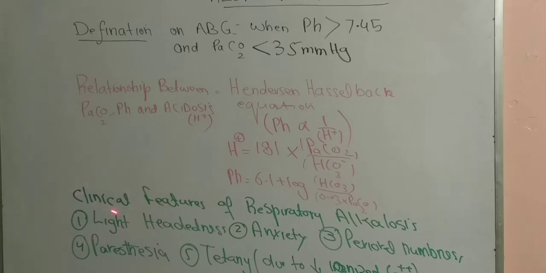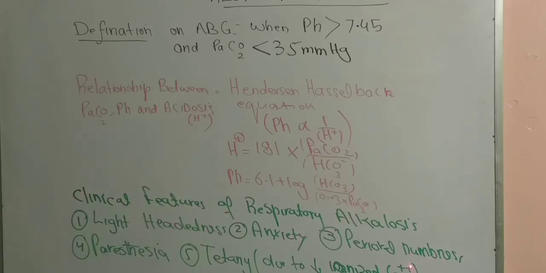Now there are certain clinical features with which these patients land in the emergency department. And what are those clinical features? The patient may feel lightheaded, may be confused, may be anxious. Why is it happening? Because of the decreased blood supply to the brain because of the respiratory alkalosis. In respiratory alkalosis, there will be vasoconstriction, so the blood supply to the brain will be affected, cerebral perfusion pressure will be low, and the patient will be lightheaded and anxious.